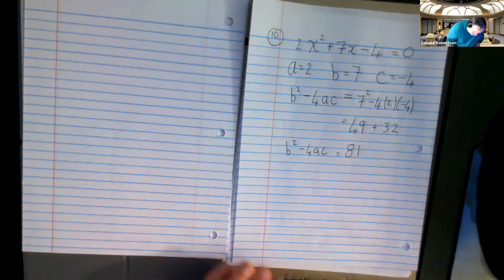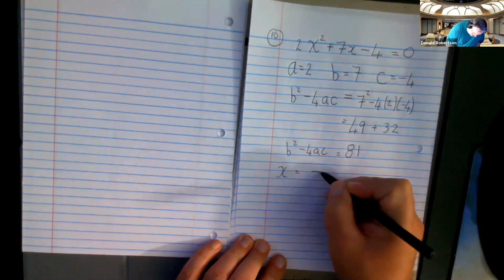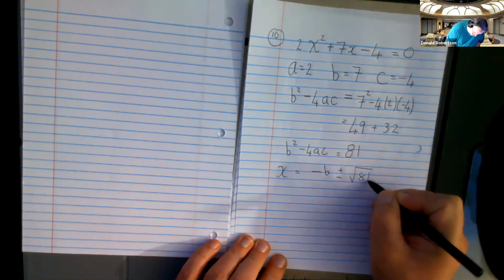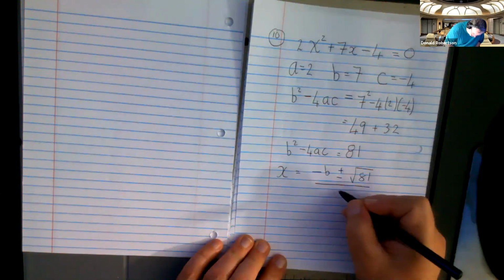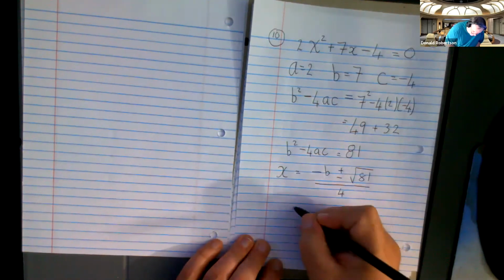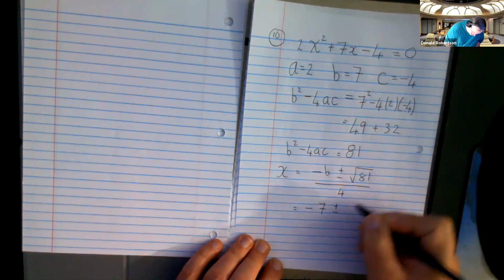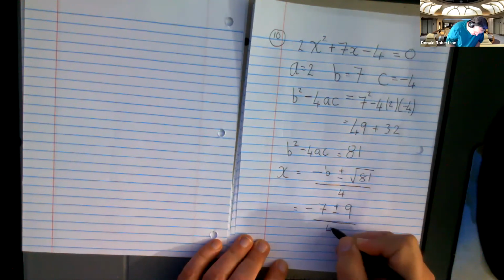So B squared minus 4AC is 81. That's a nice number. X then is -b plus or minus the square root of 81 over 2 times A, 2 times 2, which is 4. So it's going to be -7 plus or minus the square root of 81 is 9 all over 4.